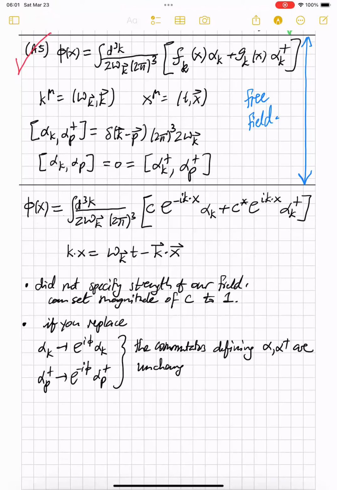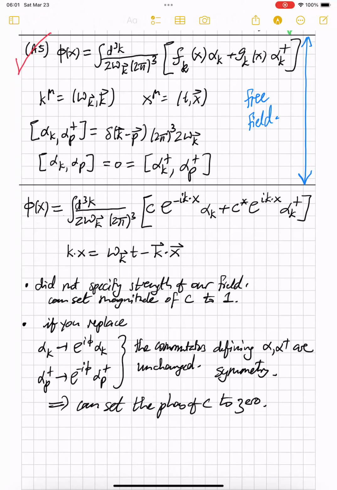Okay, so what do I mean? I mean the last 3 commutators in the 5th axiom above, they're unchanged, and that means this is a symmetry. So we can change the phase of alpha without changing anything, and that means we can set the phase of C to 0.